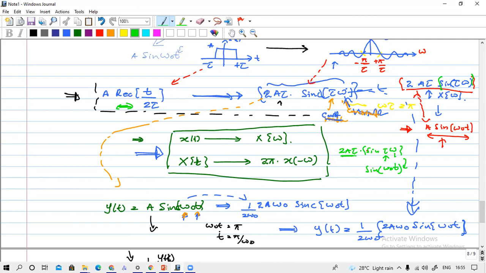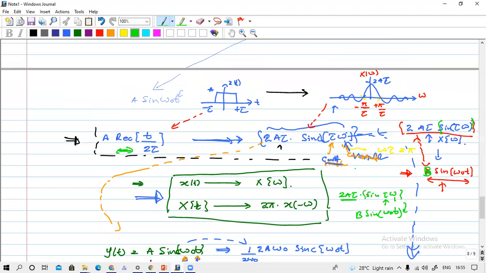Tau is identical to omega naught, and a is the amplitude, which is already there. If it is b, it is okay; a and b are identical. So I can use the given amplitude here.